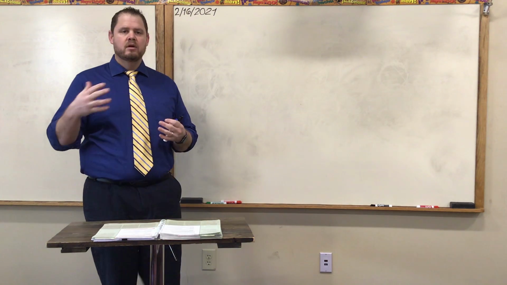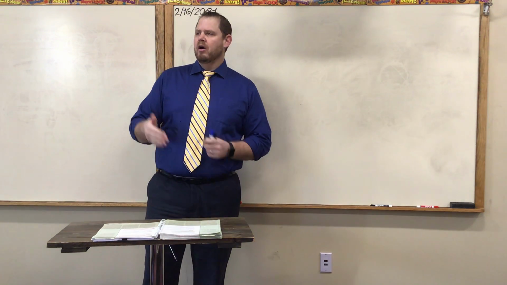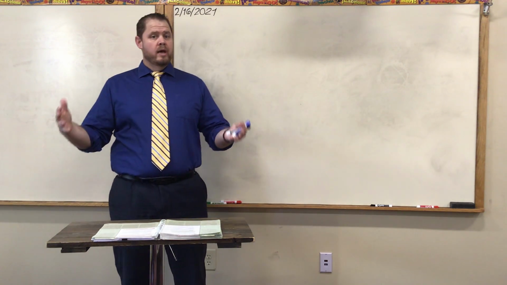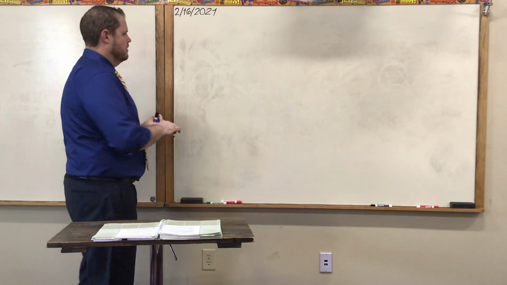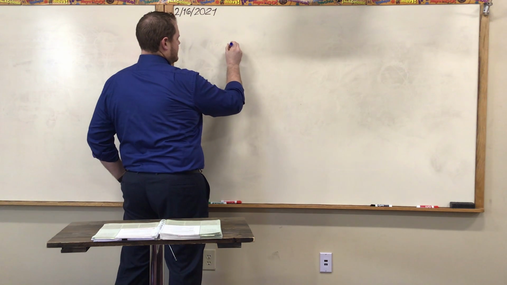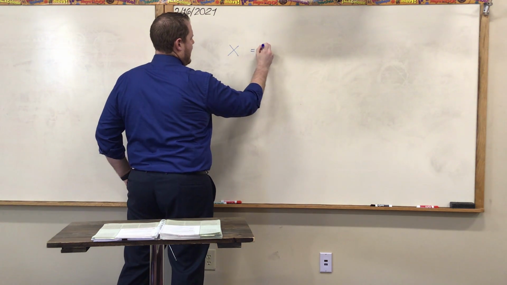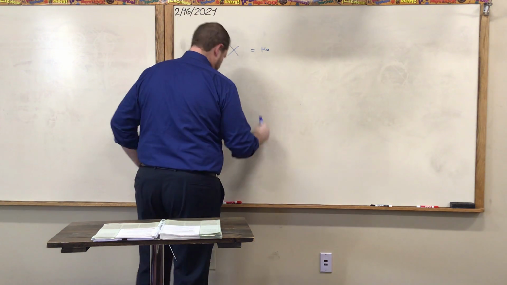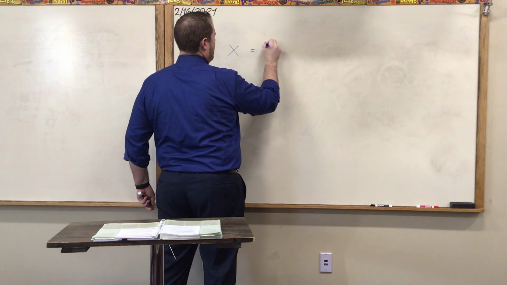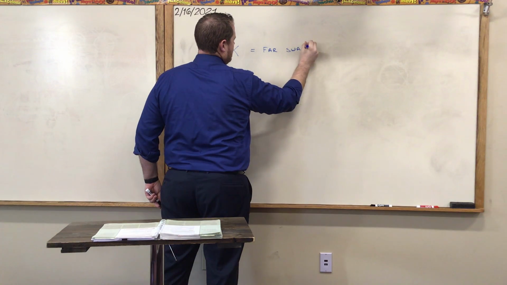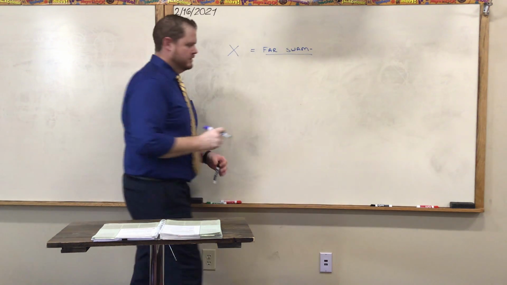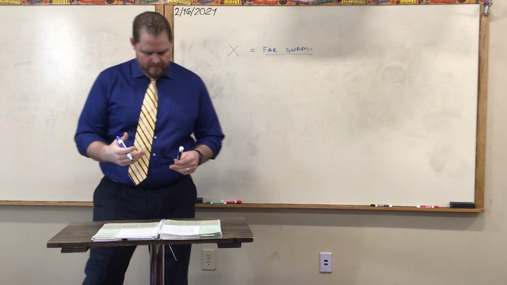So what are we looking for? How far did he swim? So how far he swam is our variable. So what we're going to say is something like this: x equals how far he swam, okay? All right, so x is how far he swam.